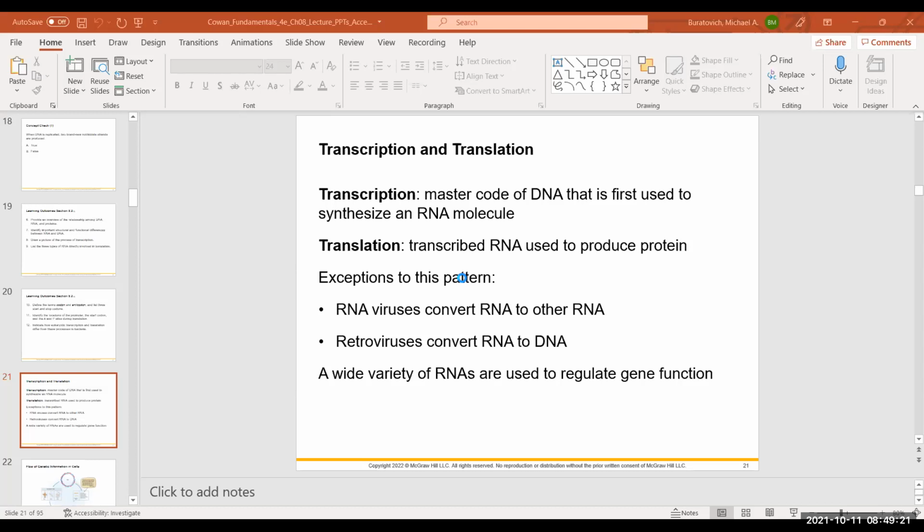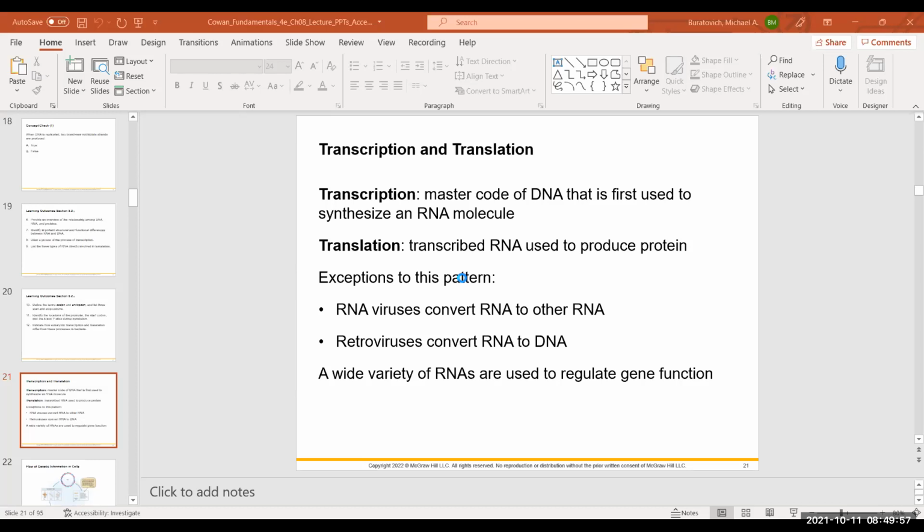Transcription takes the information in DNA and it remakes it into RNA, a short RNA piece of the DNA. That's transcription. So the main player in transcription is this enzyme called RNA polymerase. RNA polymerase makes RNA, and this is the main player in transcription.